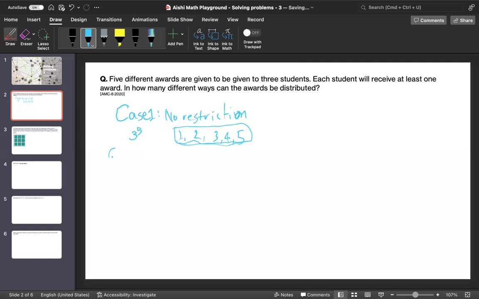Okay, so case 2, I'll try to write a bit smaller because we've got a lot of cases to go on with. At least one student does not receive an award.